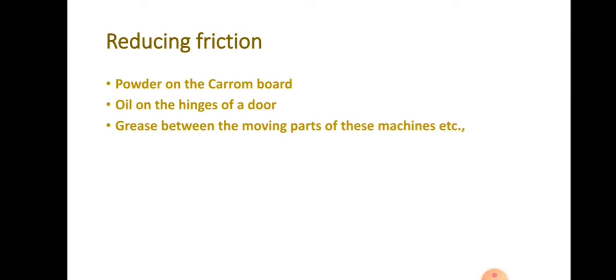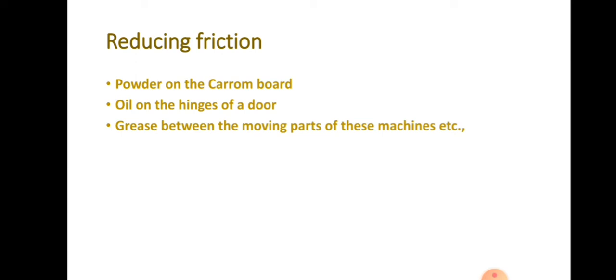They are continuously moving. If they move without any oil or grease, they will wear out. So grease or oil is used between the moving parts of some machines. In this way we can reduce the friction.